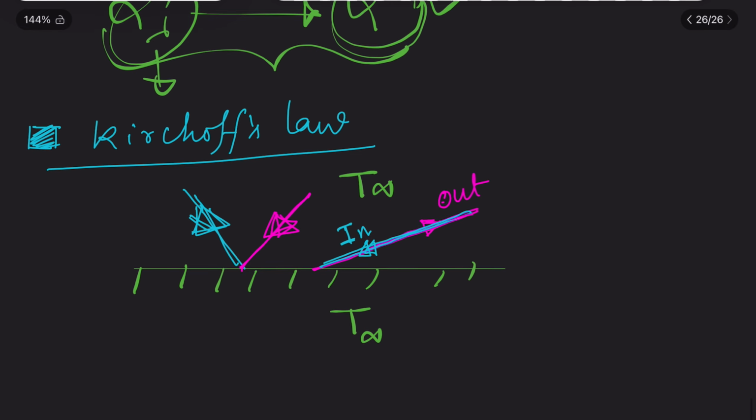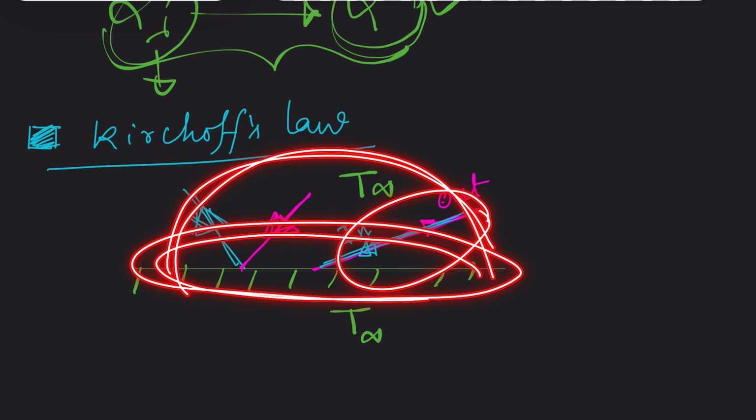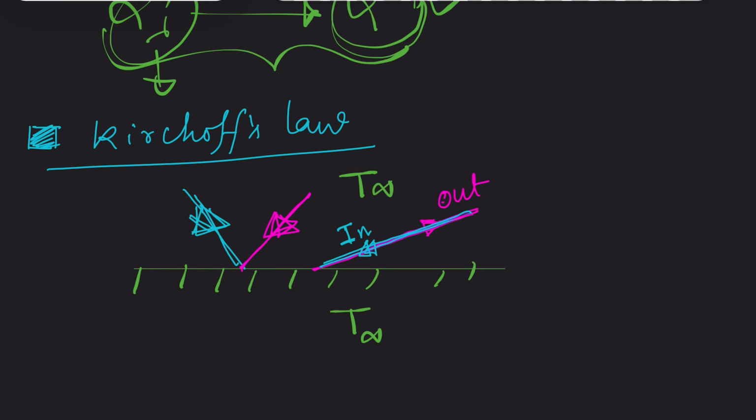Only if this holds true, then if I integrate all over the hemisphere, the total energy going out is equal to the total energy going in. Otherwise, if I say this is equal to this, then I don't know which these two directions are.